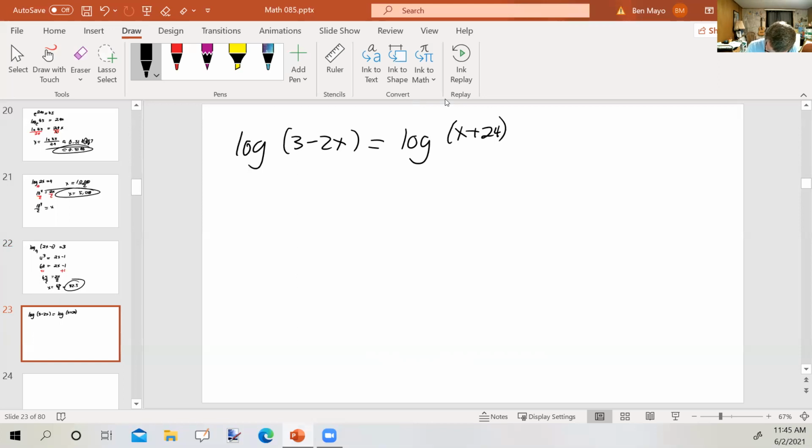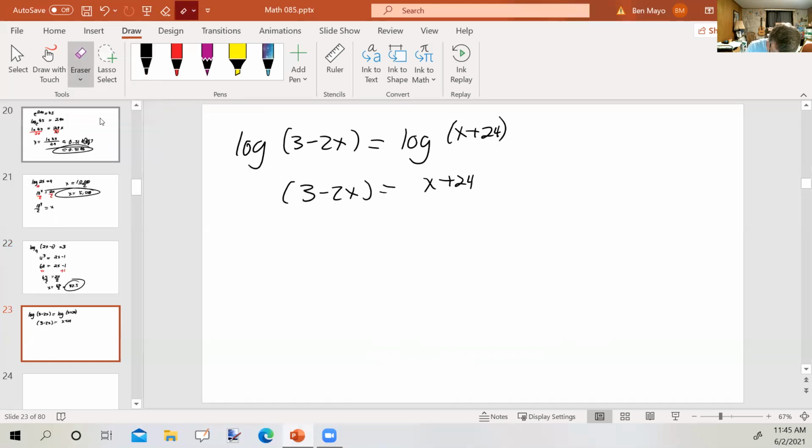In other words, we can write this as 3 minus 2x equals x plus 24. I don't really need those parentheses there. Okay. Log base 10 of that equals log base 10 of that, so that equals that.